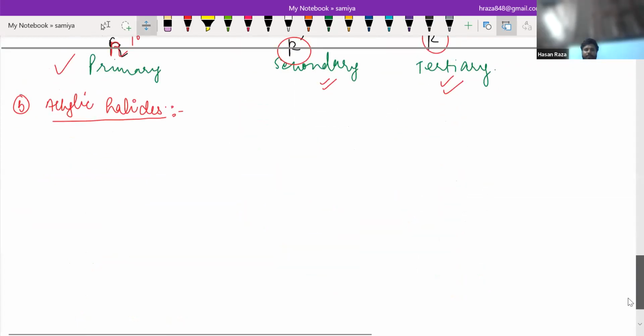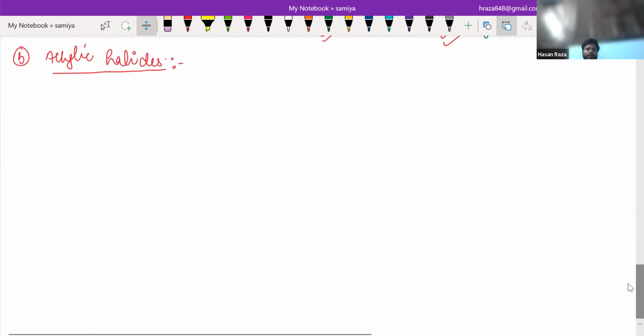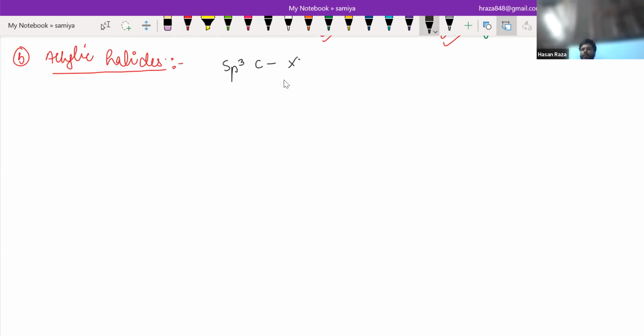Okay. So we are here for allylic halide. See what is allylic halide? It is a part of sp3 C-X bond, that means the carbon to which X is connected must have hybridization sp3.